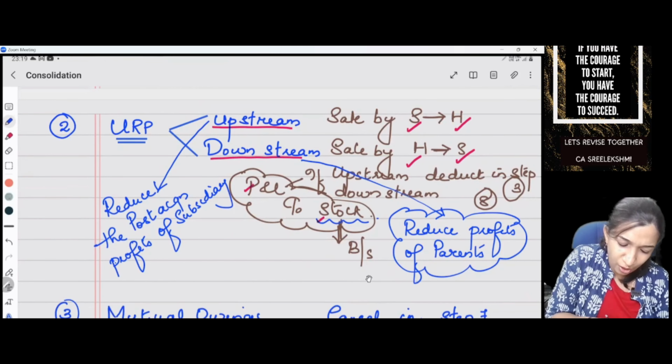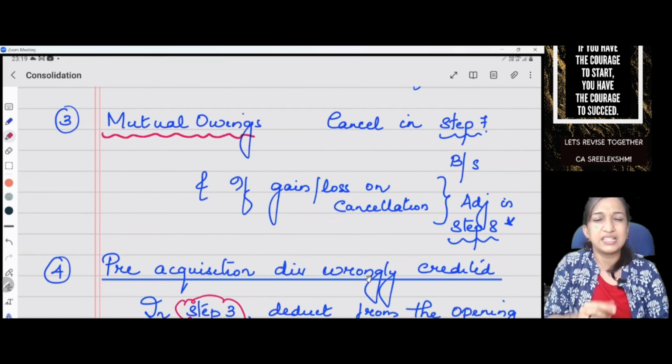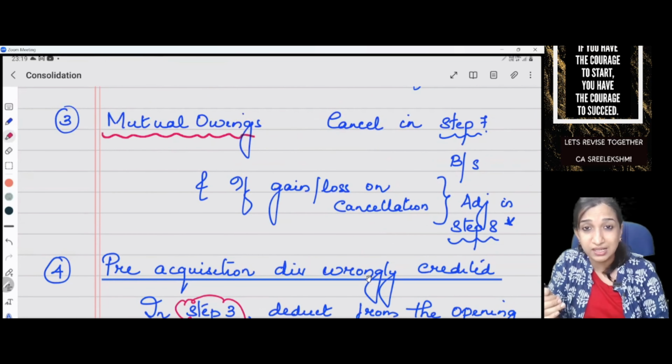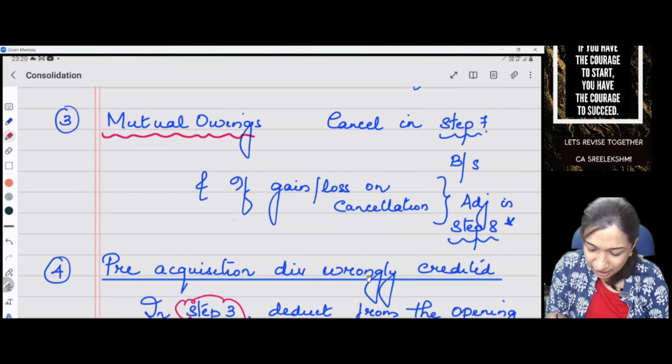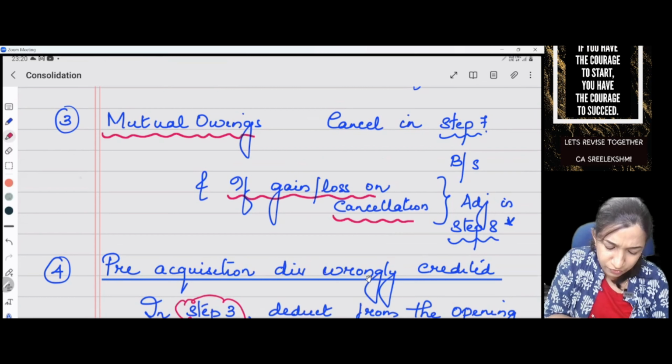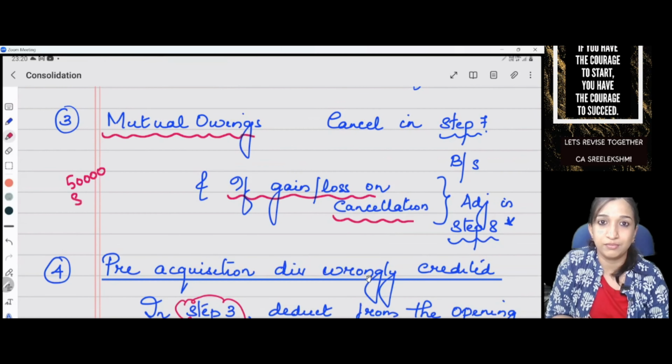Okay. Now, again, very common, mutual owings, but it is not going to be a headache for you. Mutual owings, cancel mutual owings: creditors to debtors, bills payable to bills receivable, or maybe debentures to investments in debentures, due to A, due from B. Okay. And in case, rarest of the rare, in intermediate level they are not testing it, but if there is a gain or loss on cancellation, that is, asset value is 50,000 but the corresponding liability balance is 80,000, so we'll be passing liability debit 80 to asset 50, so there's a gain of 30,000.